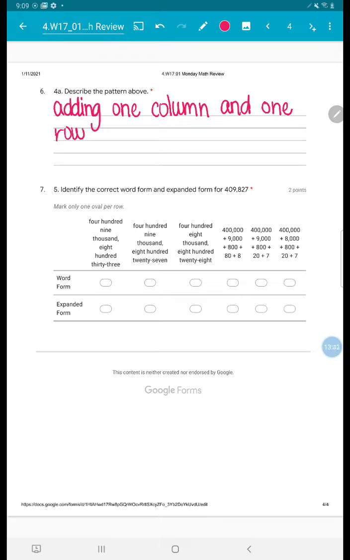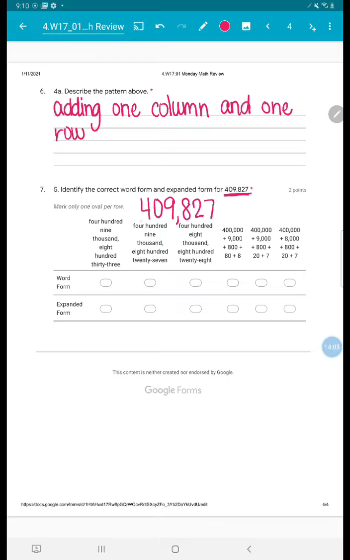Number 5. Identify the correct word form and expanded form for this following number. So remember, when I'm naming a number in word form, I'm going to name my 100,000s, my 10,000s, and my thousands together. Then at the comma, I'll say the word thousand, and then I'll name my hundreds, tens, and ones together.